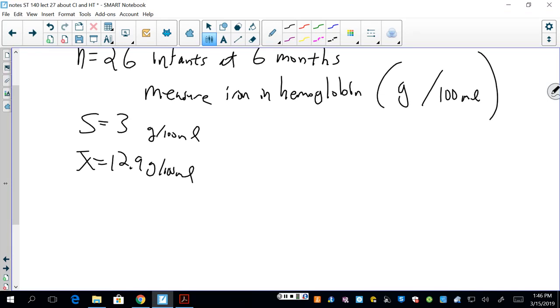And doctors, physicians could have created a standard where the goal is about 13 grams per 100 milliliters.